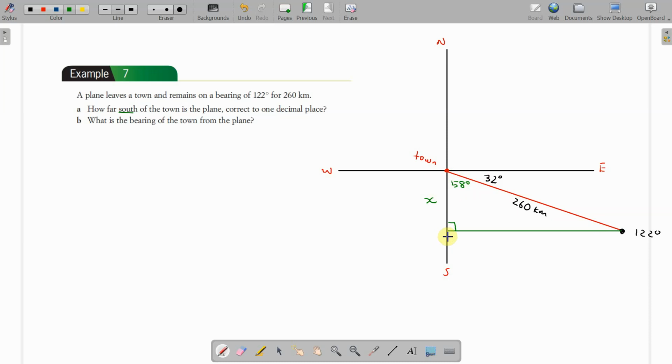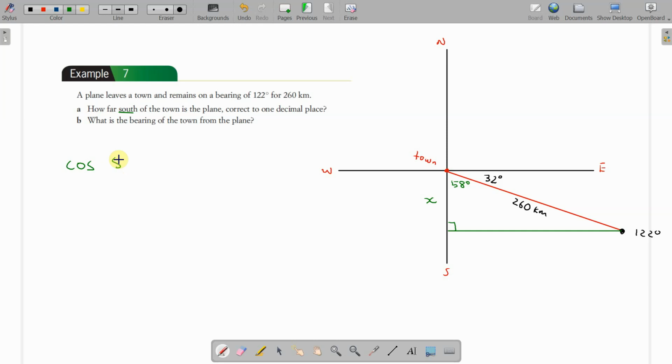Now we've got our three pieces of information: the hypotenuse, an angle, and this side, which is adjacent to that angle. Adjacent and hypotenuse is cos, so it's a cos question.